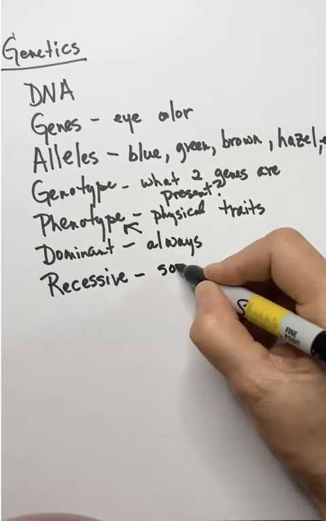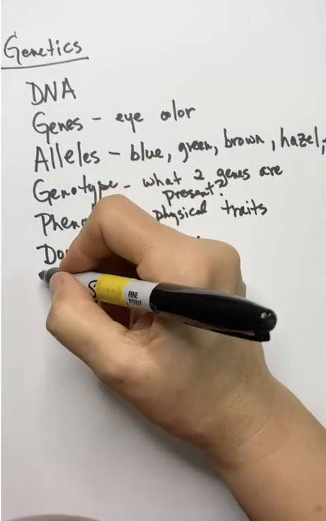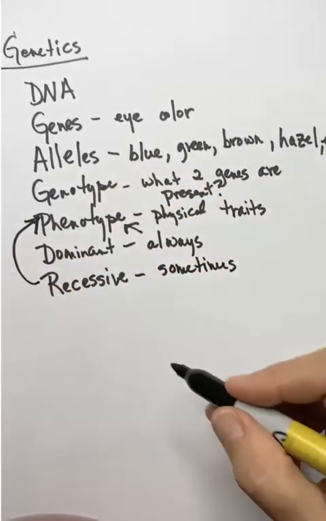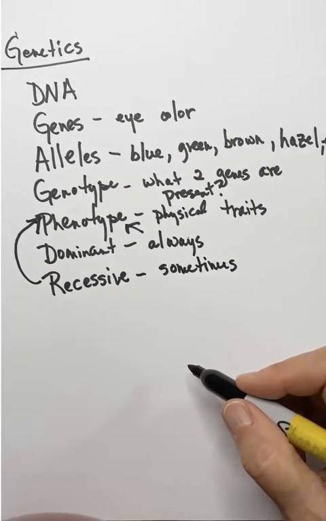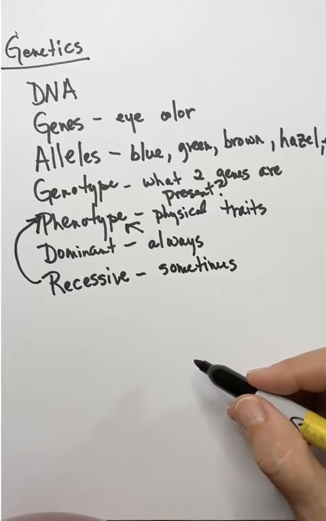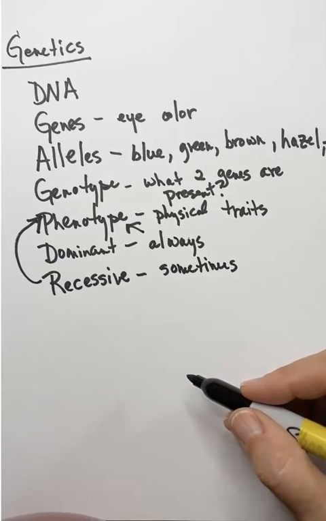Recessive traits, you only see sometimes. They are only sometimes expressed as a physical trait. The only time that you can see recessive traits is if there are two recessive alleles present, because a dominant trait will mask a recessive trait.